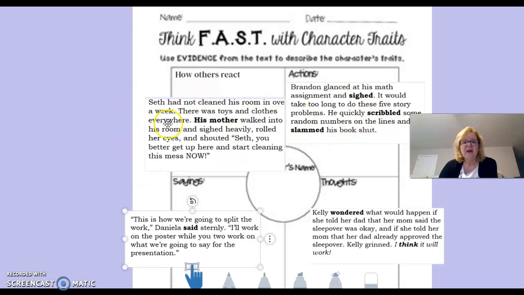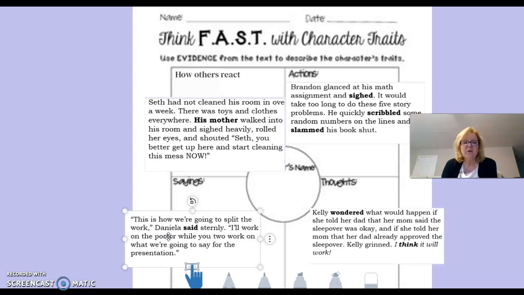We're going to go over to Seth. Seth had not cleaned his room in over a week. There were toys and clothes everywhere. His mother walked into his room and sighed heavily, rolled her eyes and shouted, Seth, you better get up here and start cleaning this mess up now. So that shows me that Seth was supposed to do something but did not follow through with it. And last here, we have this is how we're going to split the work, Daniela said sternly.